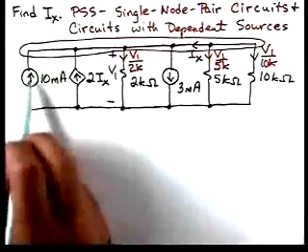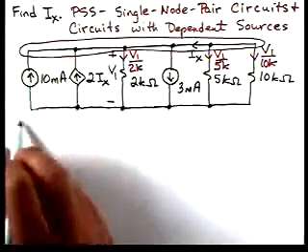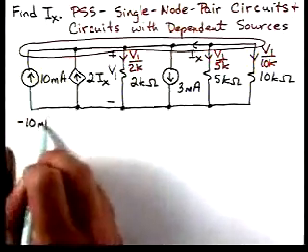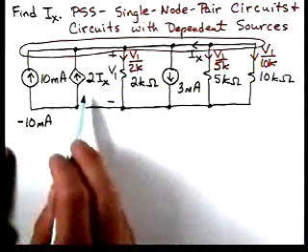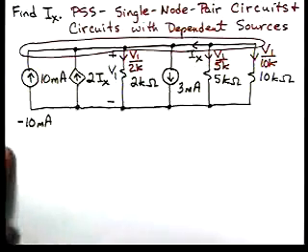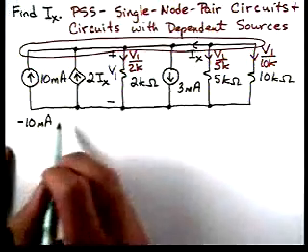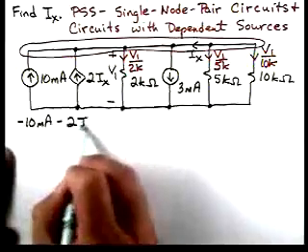We have 10 milliamps entering, so that's minus 10 milliamps leaving. We have a dependent source, current 2Ix. If you remember from our strategy for circuits with dependent sources, we're going to treat that as an independent source while we're writing the equation. So this is minus 2Ix.